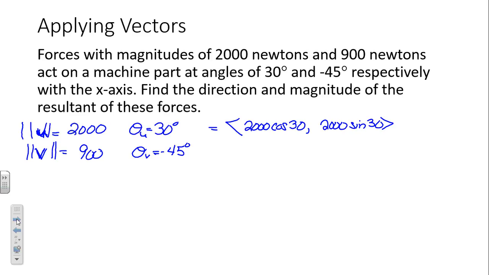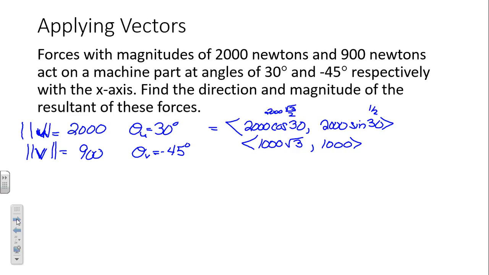Cosine of 30 is root 3 over 2, right? Square root of 3 over 2 times 2,000 is going to get us 1,000 square root of 3, and 2,000 times the sine of 30, so 2,000 times 1/2 is 1,000. Okay.